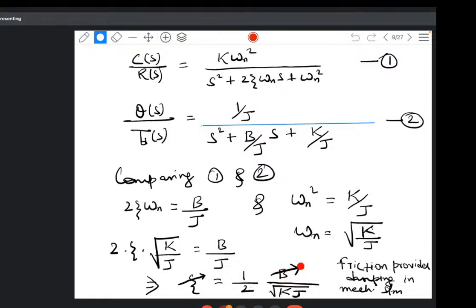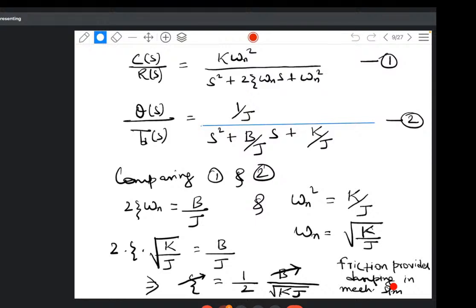So if this varies, zeta will also vary. So I can say that in a mechanical system or in the PMMC, which parameter will determine the damping? The frictional coefficient will determine the damping in the mechanical system.